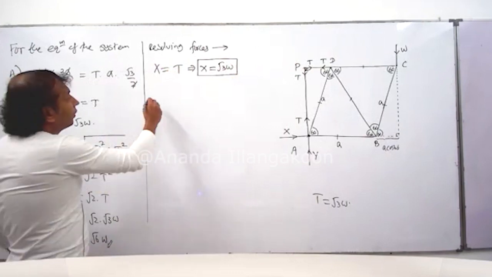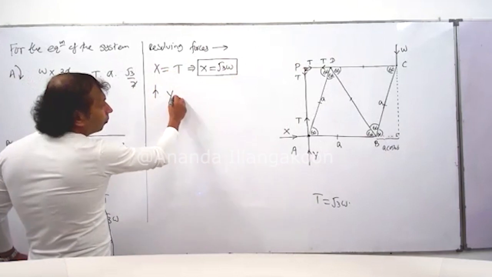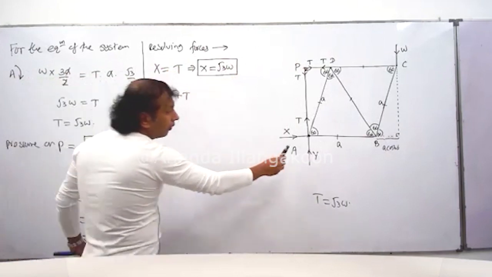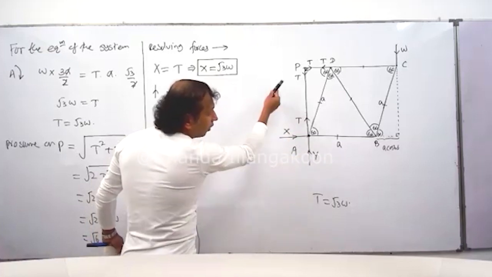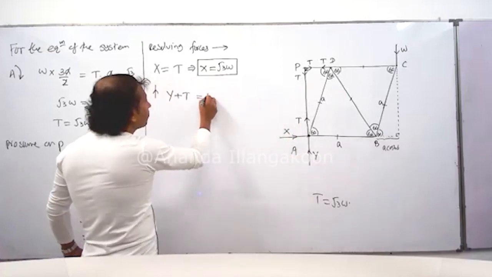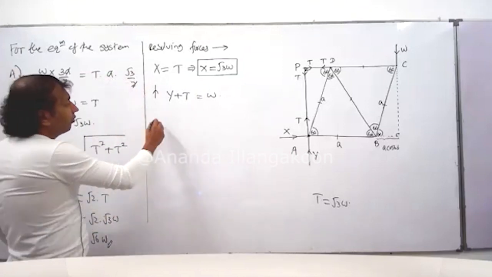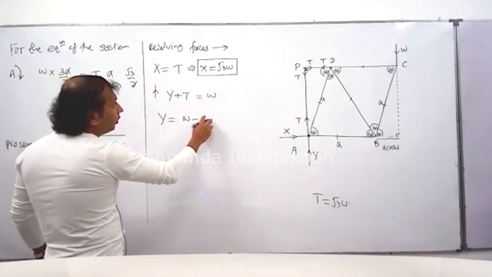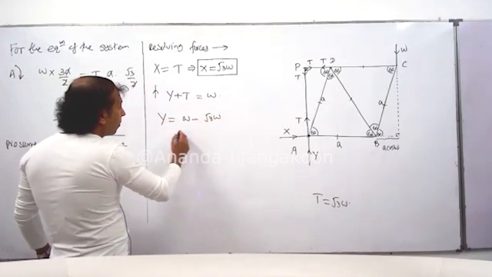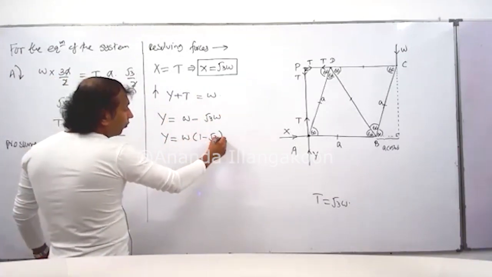Resolve upwards, what do you get? Y plus T. This Y acts on the system, this T also acts on the system. Y plus T, both upwards, equal W. Then Y can be found: W minus T. T means root 3 W. Take this W out: 1 minus root 3.